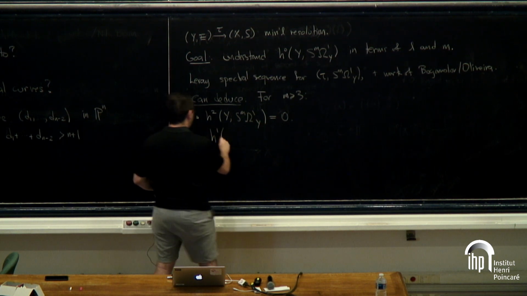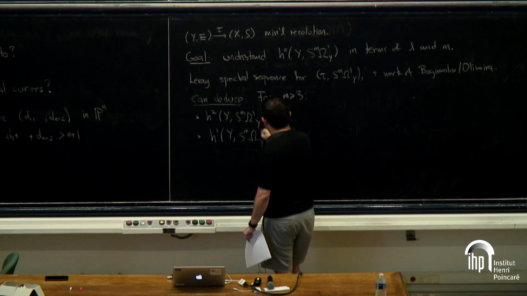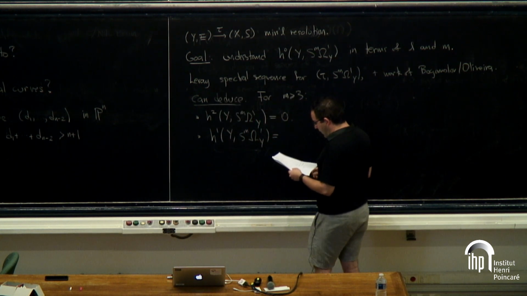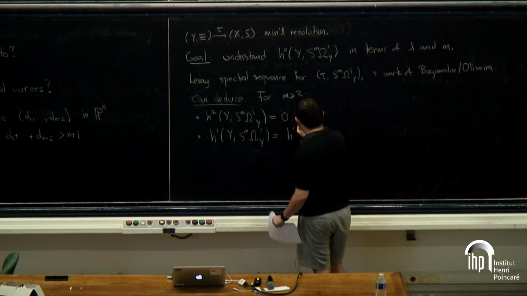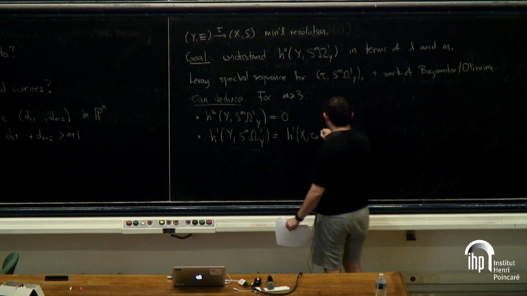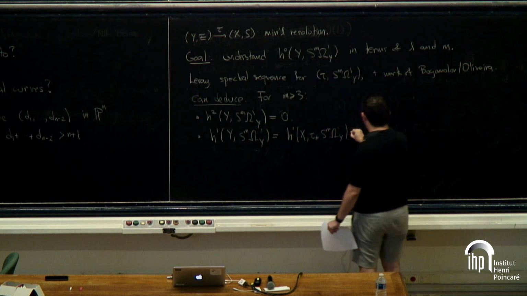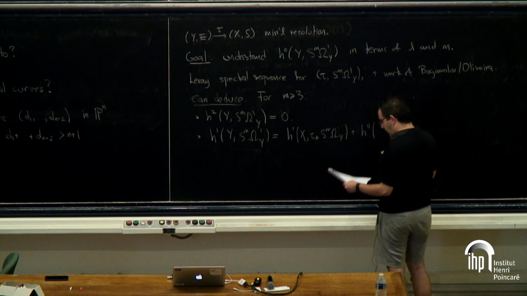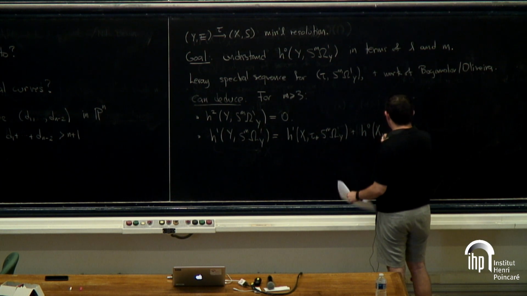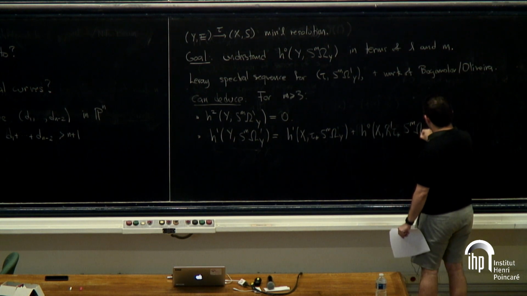And so H1 of Y, S^m Omega^1, is a sum of two things. So this is H1 of X of tau lower star of my symmetric differentials on Y, plus H0 of X and R1 tau lower star of S^m Omega^1_Y.